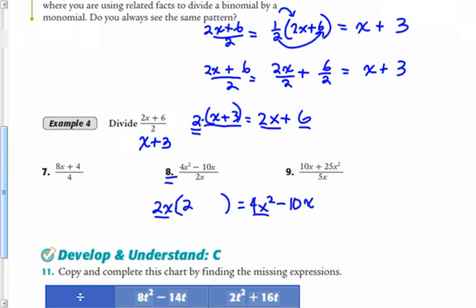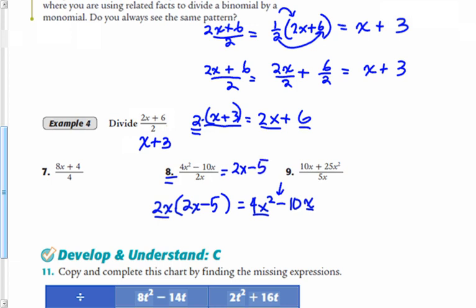Well, we know 2 times 2 is 4, and x times x is x squared. Then you have to think of, we're going to put a minus there since this is minus. What number times 2 is 10? And that would be 5. And we have x already and an x here, so we're done there. So the answer is 2x minus 5.